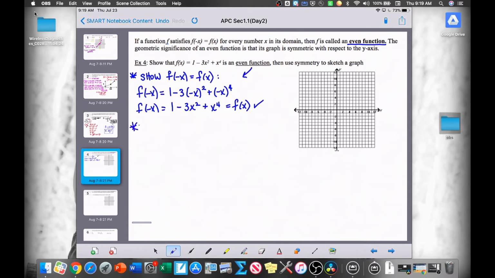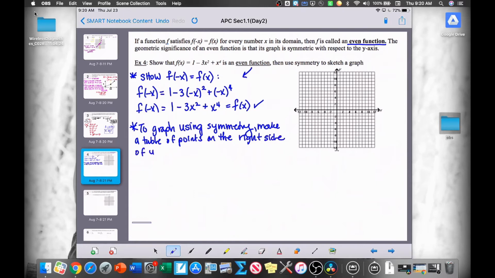All right, so now to graph using symmetry, we're going to make a table of points on the right side of the y-axis, and reflect them over the y-axis to get the left side.